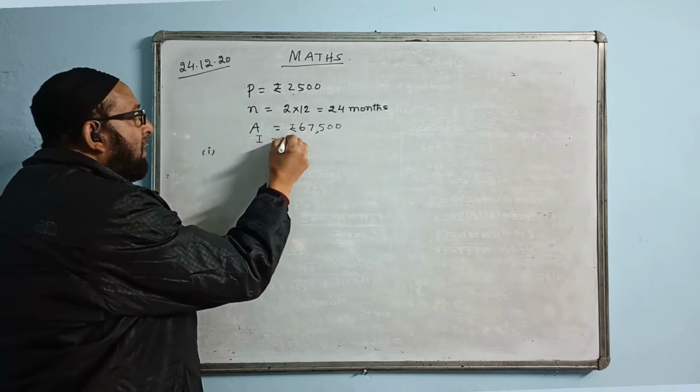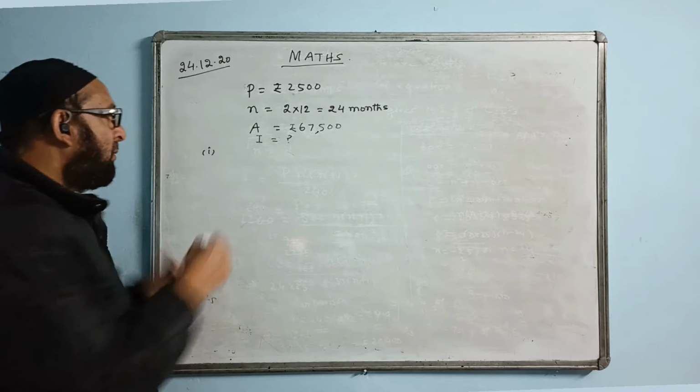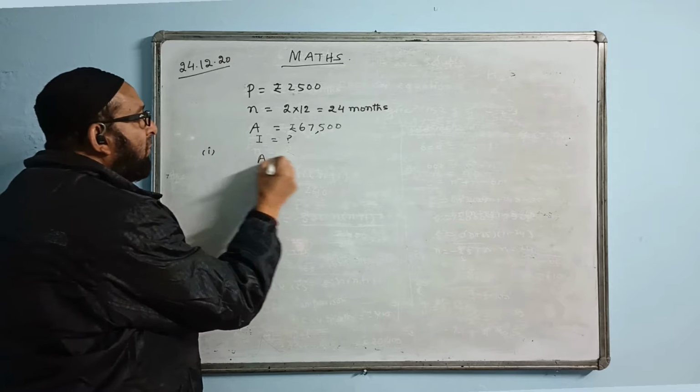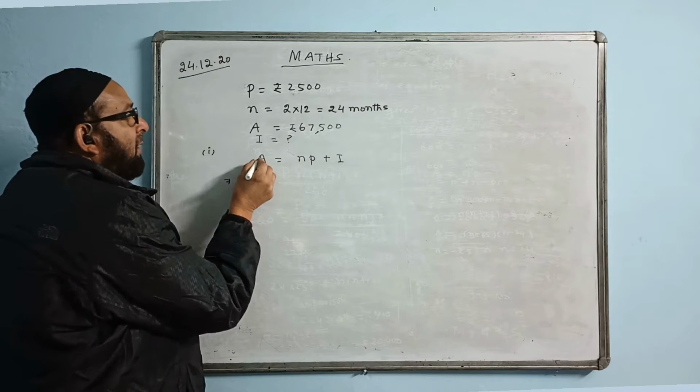First part, I is unknown, interest. We will find interest first. Use A, which is given. Let us use the formula of A. What is the formula of A? A equals NP plus I. A value is given.